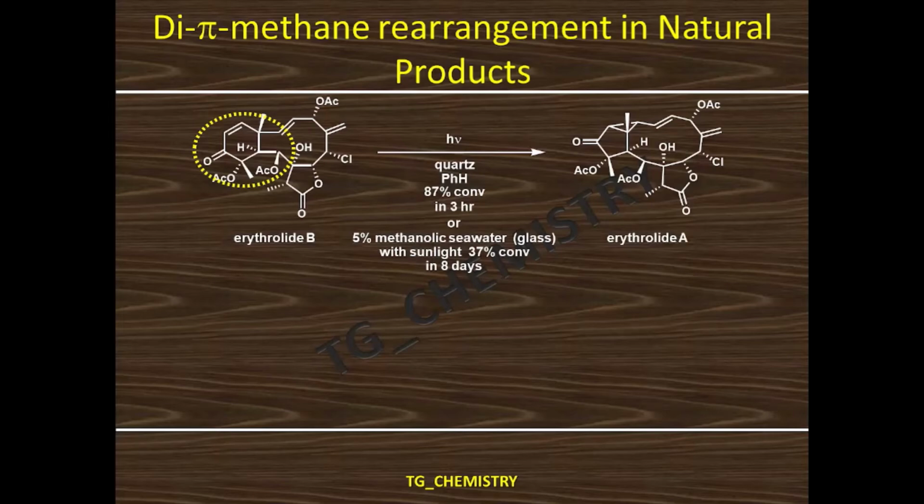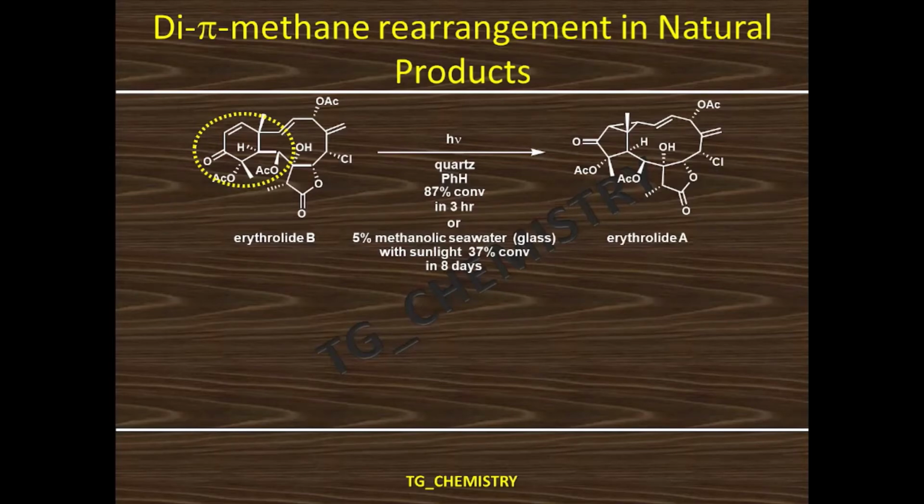Here the reaction can proceed in two different conditions. The photoirradiation can take place in a quartz vessel, and in presence of benzene as solvent, 87% conversion can take place in 3 hours. So this is one condition.